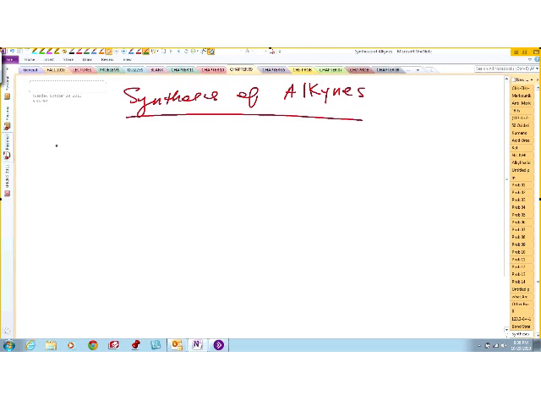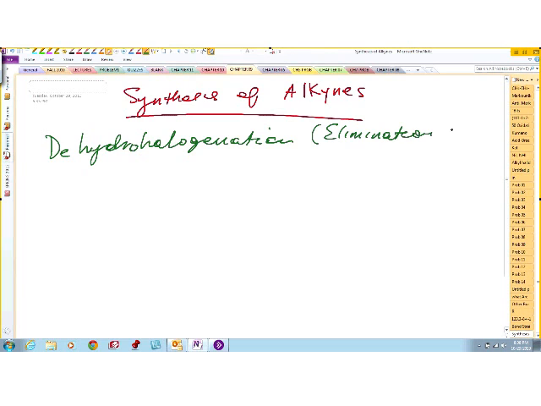That is dehydrohalogenation, which simply means elimination of hydrogen and halogen. That's what dehydrohalogenation means.